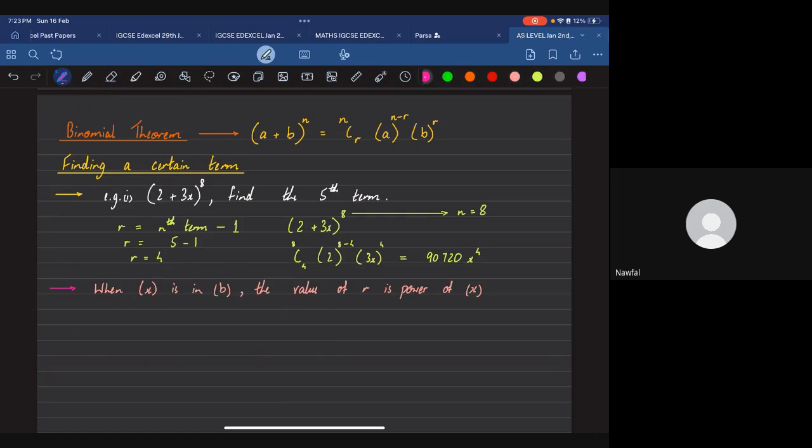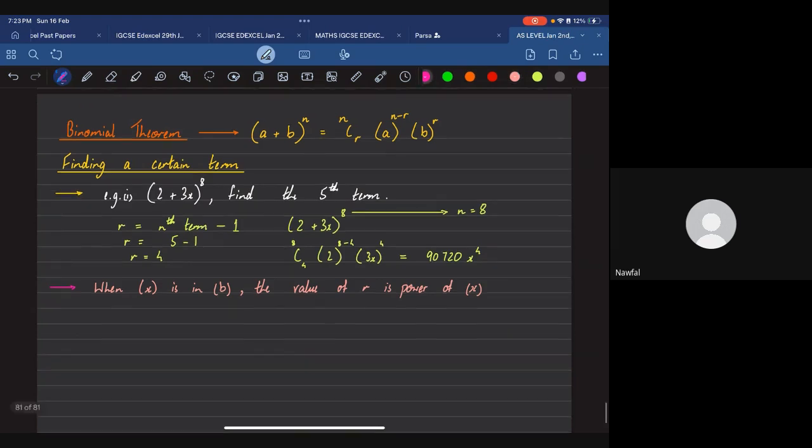If I use this example, it was 2 plus 3x raised to the power 8, which is being considered equal to a plus b raised to the power n.